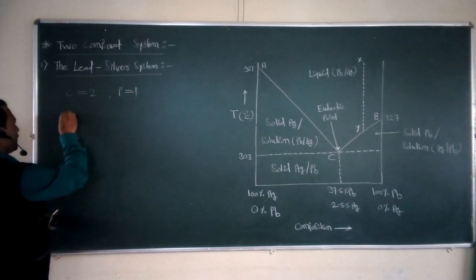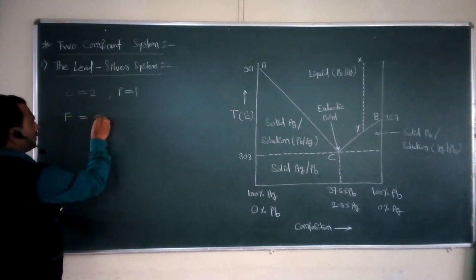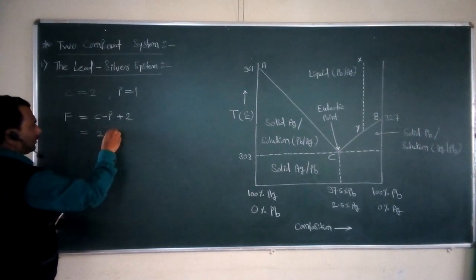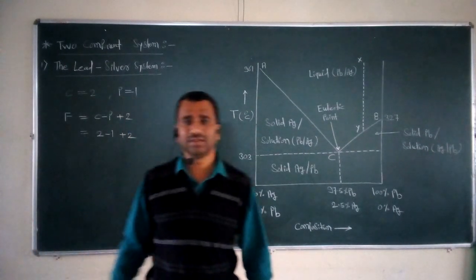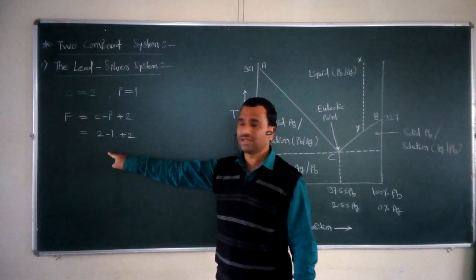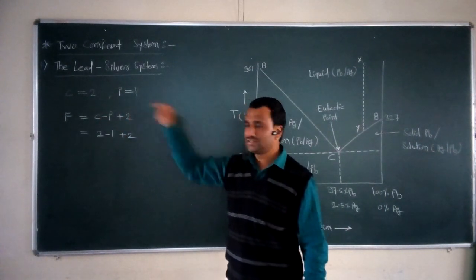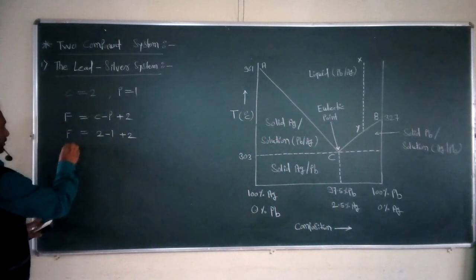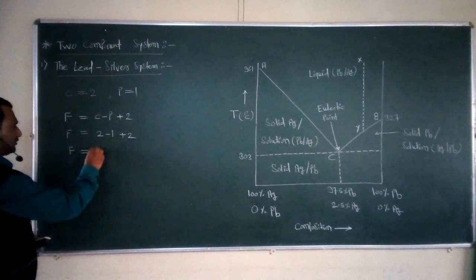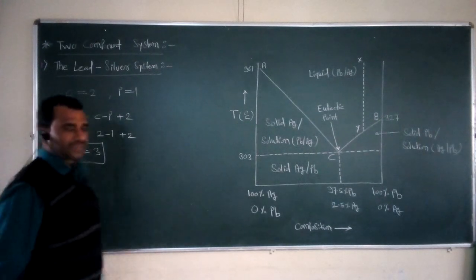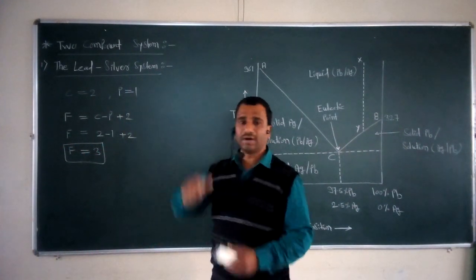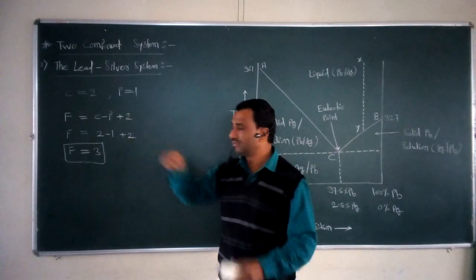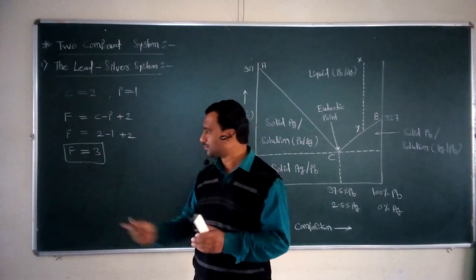If we use our regular phase rule equation, F is equal to C minus P plus 2, and substitute C is equal to 2 and P is equal to 1, the value of degrees of freedom comes out to be F is equal to 3.